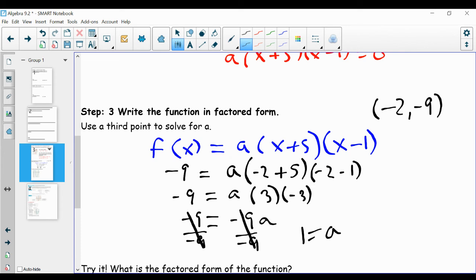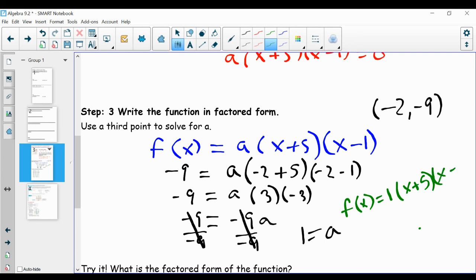So therefore, the quadratic function that represents this particular equation is f(x) = 1(x + 5)(x - 1). Now you don't technically have to put the 1, but I'll put it right here just to show you.